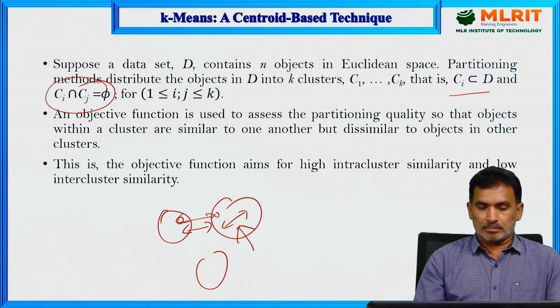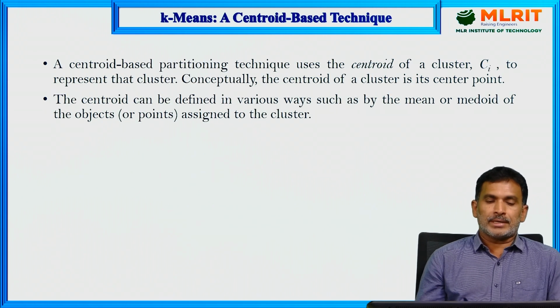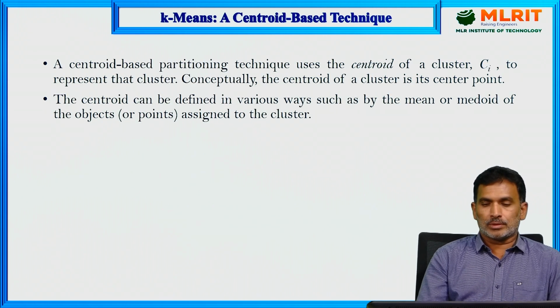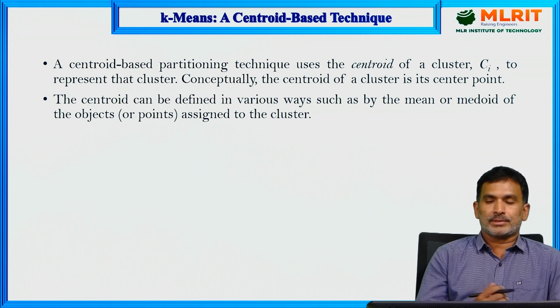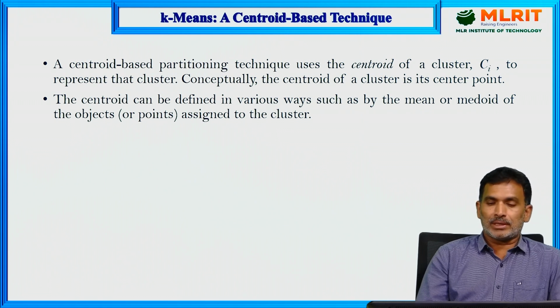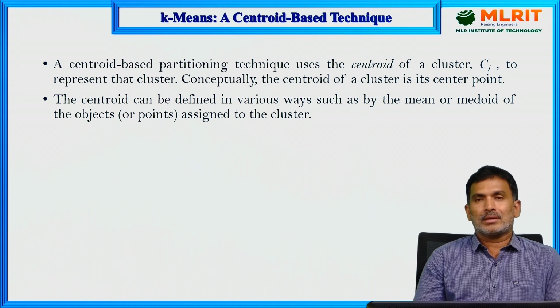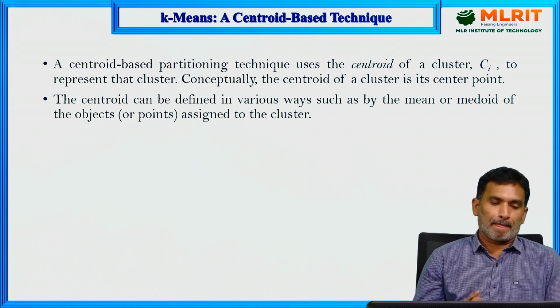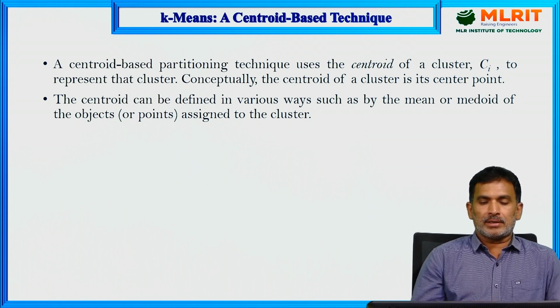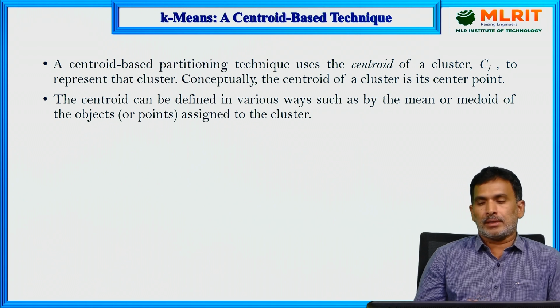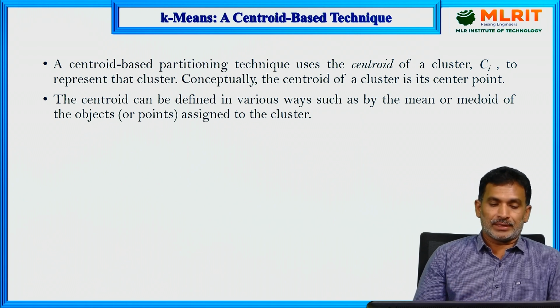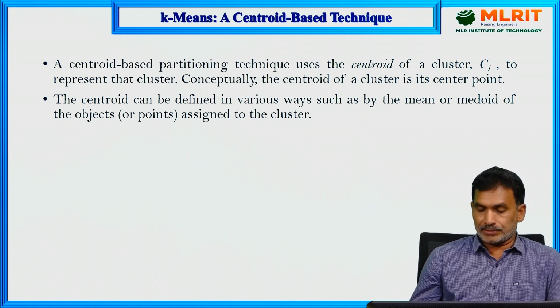A centroid-based partitioning technique uses the centroid of a cluster Ci to represent that cluster. Conceptually, the centroid of a cluster is its center point. The centroid can be defined in various ways, such as by the mean or median of the objects or points assigned to the cluster.